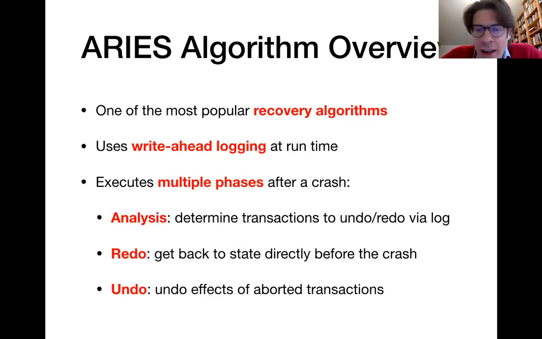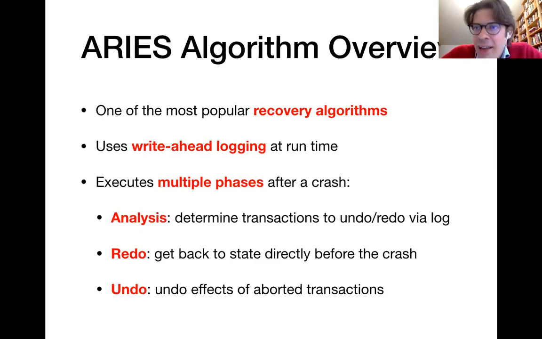Then it will have the redo phase in which we redo the changes of committed transactions that were lost due to the crash. And finally, we have the undo phase in which we undo the changes of all transactions that have still been active during the crash and must be aborted. So we are going to see that in much more detail in the following.